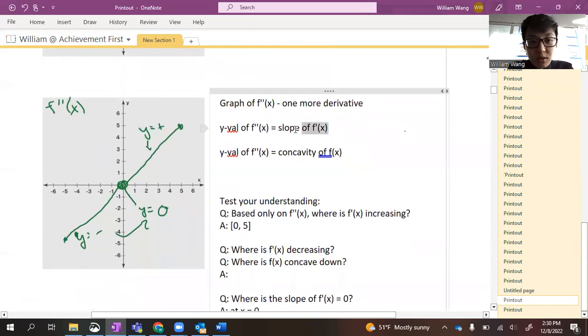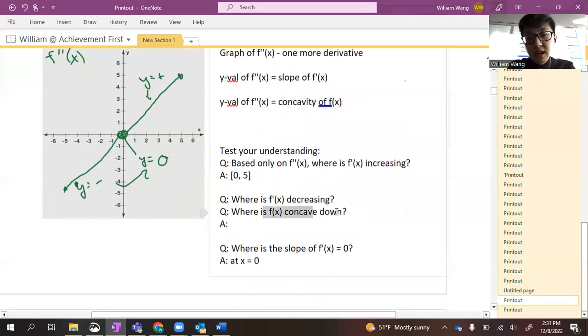We were just looking at the relationship where the y value here is the slope of f prime of x. The y value of this is the concavity of f of x. Where's f of x concave down? Well, the concavity of f of x is determined by the y value here, so its answer is also -5 to 0.